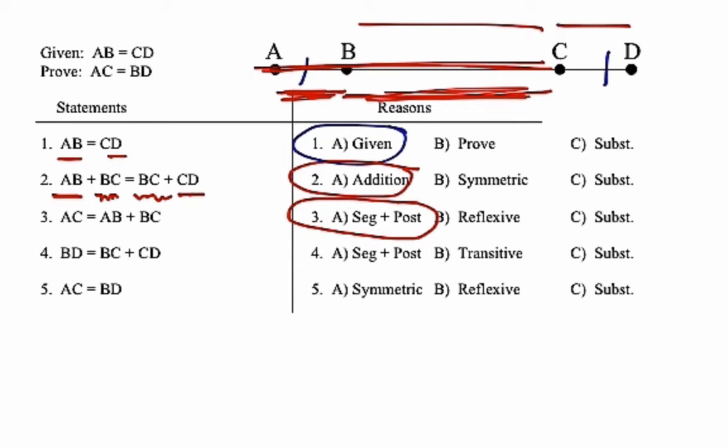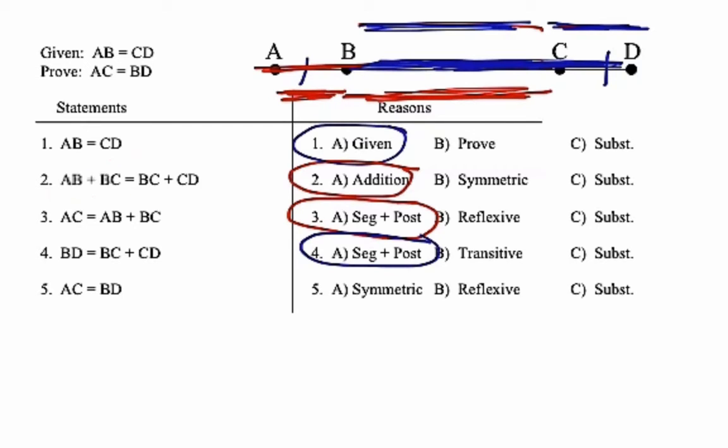And then the next statement says BD, so from B all the way to D, is equal to BC plus the smaller part of CD, which is another segment addition postulate, adding the two pieces together to equal the whole thing. And now here's where you got to pay real close attention.